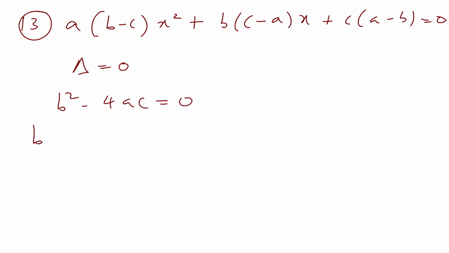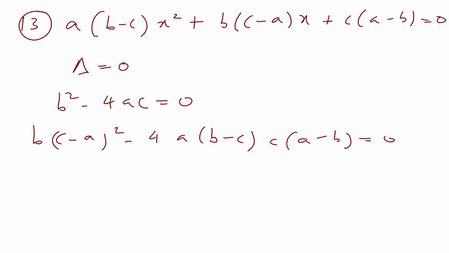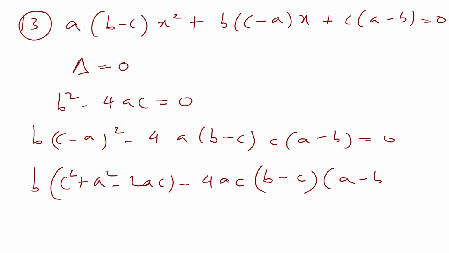b square. b into c minus a the whole square minus 4 into a b minus c, c a minus b equal to 0. So b c square plus a square minus 2ac minus 4ac b minus c into a minus b equal to 0.